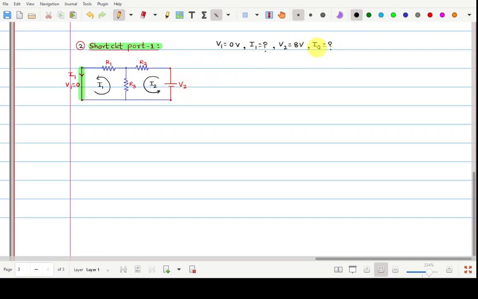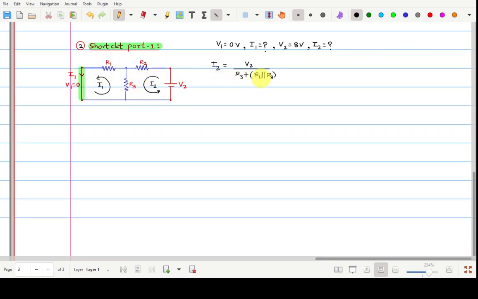So first we will calculate I2, and when this current I2 comes at this node, it will get divided into two parts. Okay, so by using current divider, we can calculate I1 from I2. So let us first calculate I2. So friends, here your I2 is V2 upon total resistance. Now what is total resistance? R2 is in series with the parallel combination of R1 and R3 because we have shorted this port.